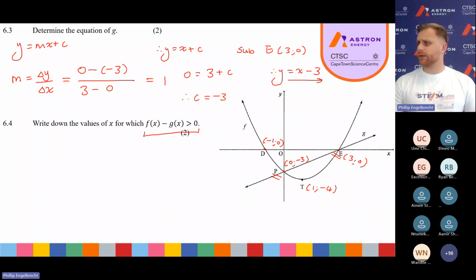Okay, so I'm seeing a lot of answers. I'm seeing a lot of x is greater than 3. I'm seeing x is in between 0 and 3.